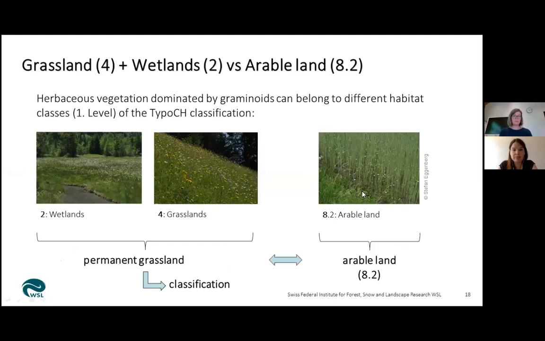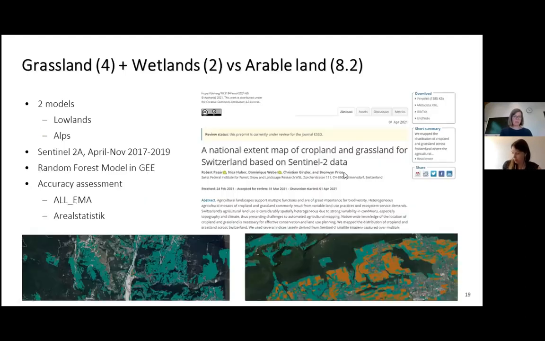We differentiate between arable land and wetlands and grassland as basically permanent grassland and arable land. Arable land all goes into the class 8.2, and the permanent grassland is further classified through a more in-depth modelling process. So the first step we tried was to distinguish permanent grassland from arable land.